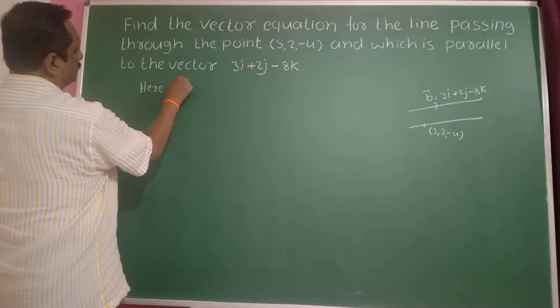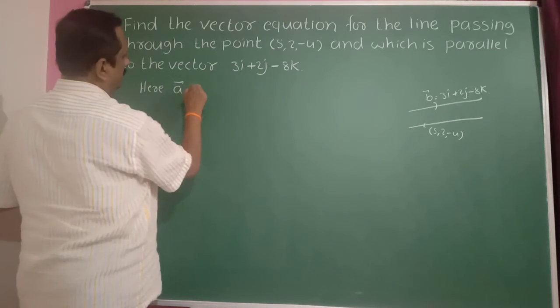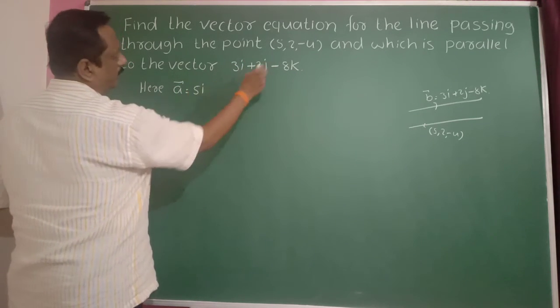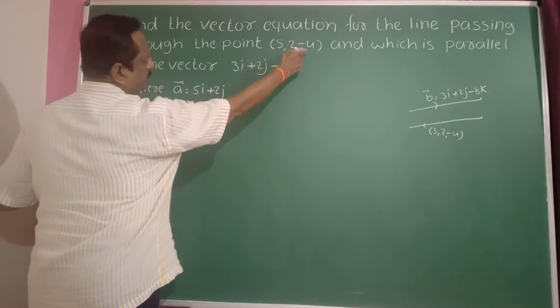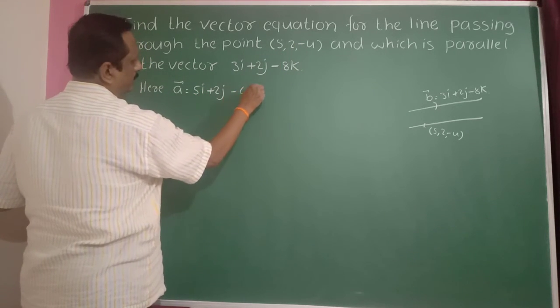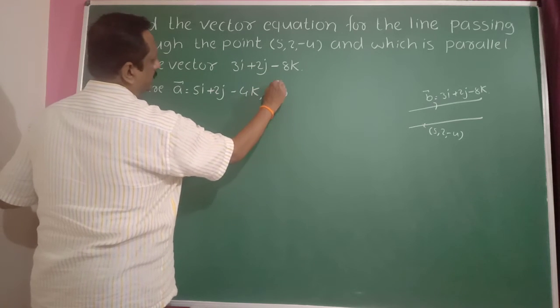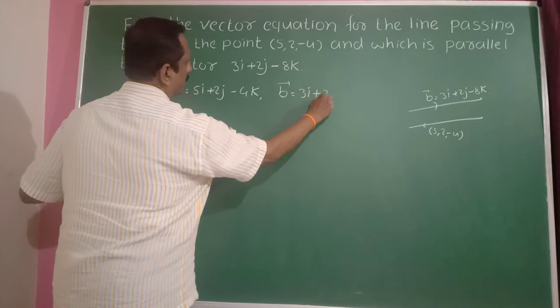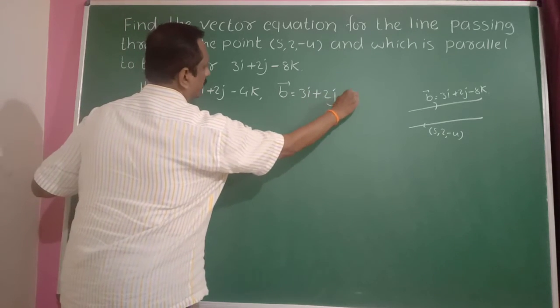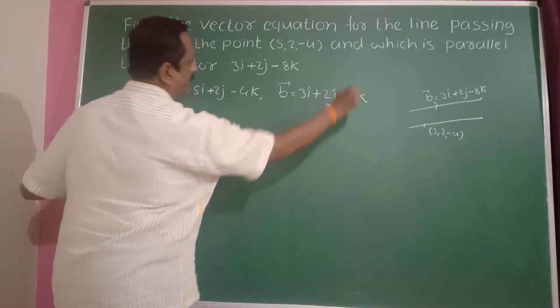Here a bar is equal to 5i + 2j − 4k and the vector b bar is equal to 3i + 2j − 8k.